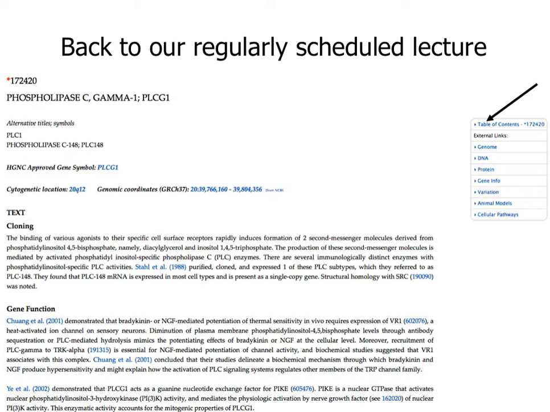We're back to OMIM, and all the way back to the beginning where I searched for phospholipase C gamma in the all databases search. And now I've come back here, and this is the OMIM database record for PLC gamma. So this is a different way to search it. Rather than searching for a disease, we're searching for a protein.